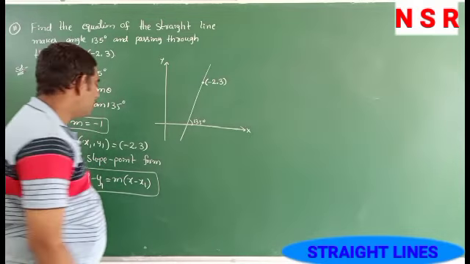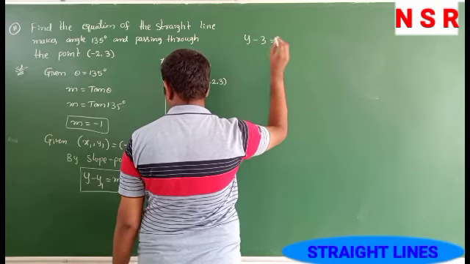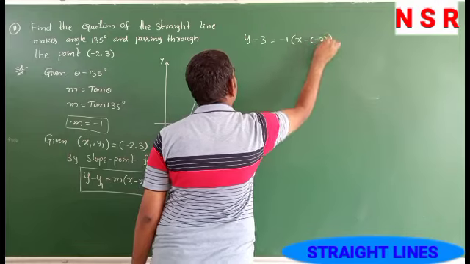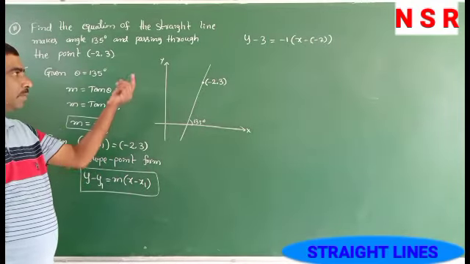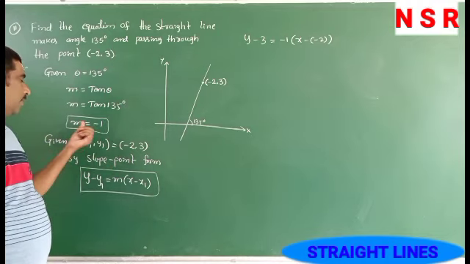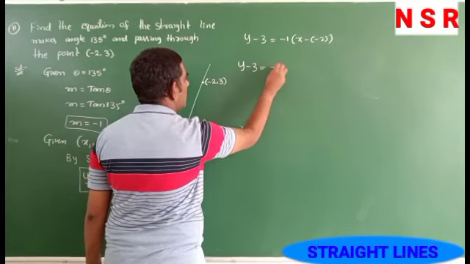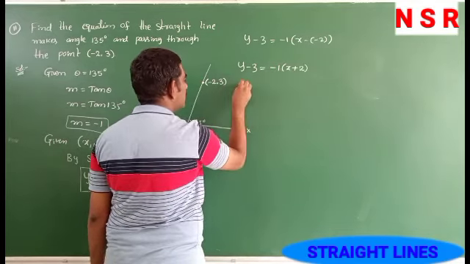So we get y minus y1, where the y1 value is 3, and minus 1 into x minus x1, where the x1 value is minus 2. So x1 is minus 2, y1 is 3 and m is minus 1. So y minus 3 is equal to minus 1 into x minus of minus 2, that is plus 2.